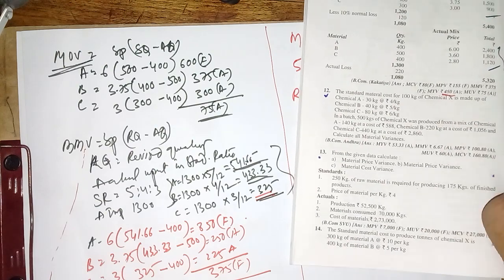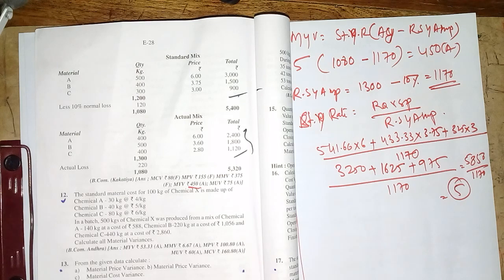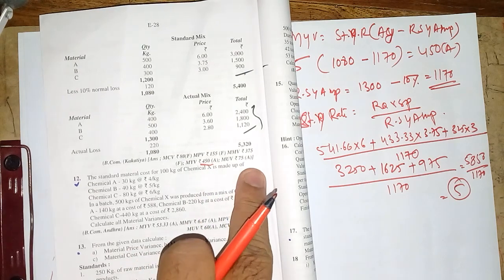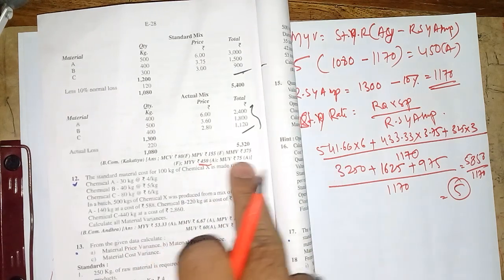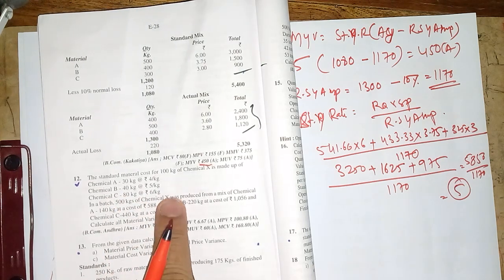We'll explain one more question here, right? So we'll read the question and understand. The standard material for 100 kgs of chemical X is made as follows. 100 kgs, A 30 kgs, 40 kgs and 80 kgs rates are given.